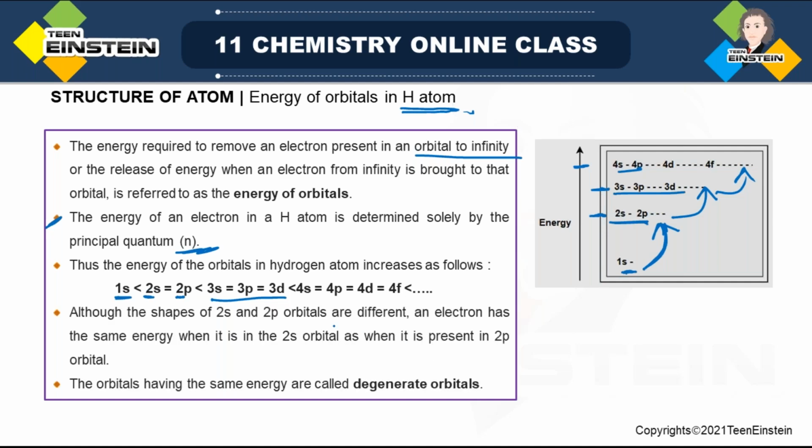Now it is true that the shape of 2s and the shape of 2p are obviously different, that you already know. But the electron has the same energy whether it is in 2s or in 2p. And when orbitals have the same energy, we call these orbitals degenerate orbitals. Remember, the term degenerate means having the same energy.